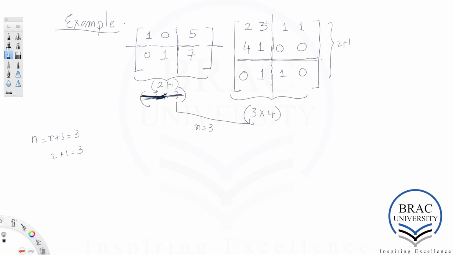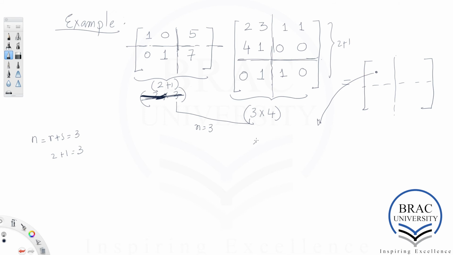Okay, so now according to the block multiplication rule, it is going to be a matrix with 4 blocks.